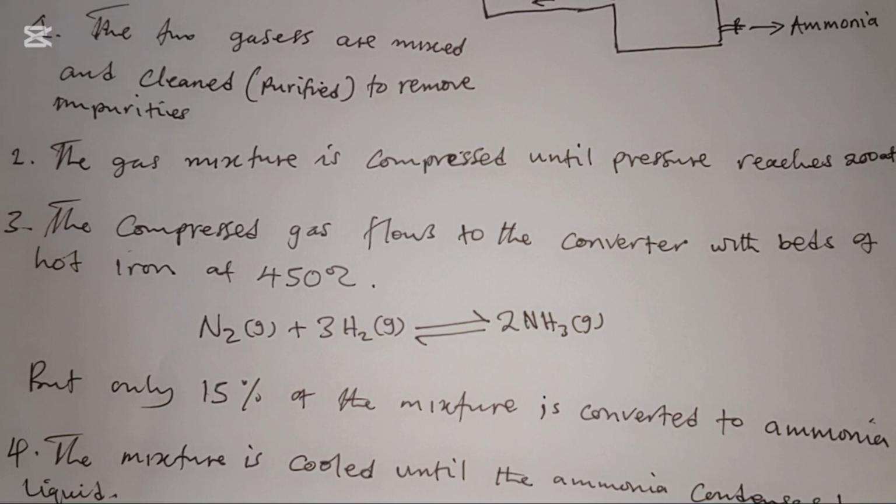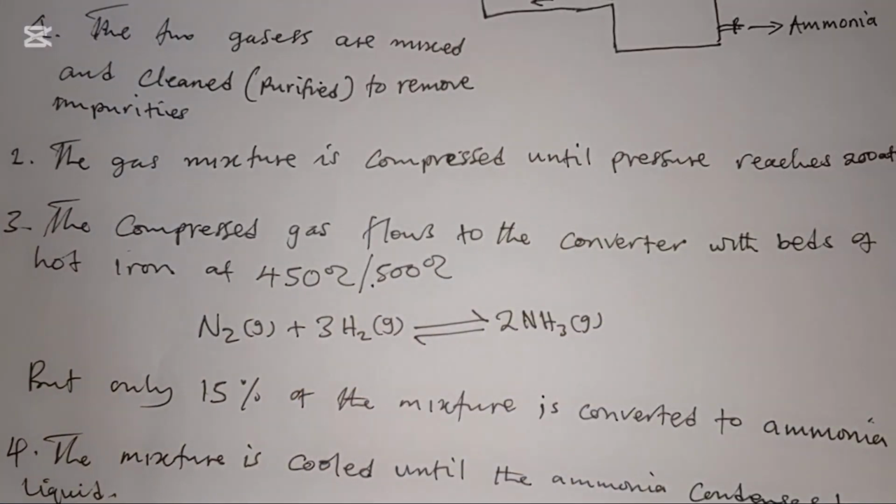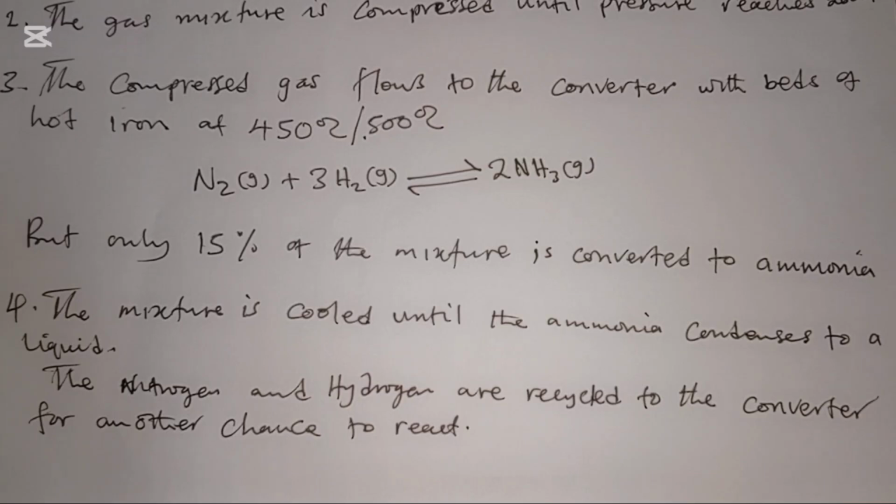The compressed gas flows to the converter with beds of hot iron at 450 to 500 degrees Celsius. Only 15% is converted to ammonia. The mixture is cooled until the ammonia condenses to liquid, and the nitrogen and hydrogen are recycled to the converter for another chance to react.